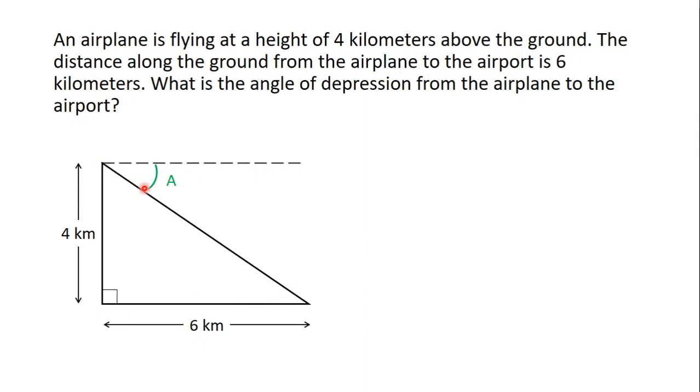At itong hypotenuse ng triangle, let's consider this as the transversal line. So, itong angle of depression at saka itong angle dito, ang tawag sa kanila ay alternate interior angles. And such angles are congruent. Diba, na-discuss na natin yan yung third quarter.